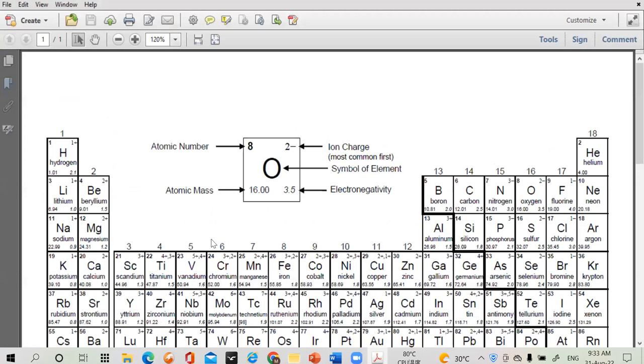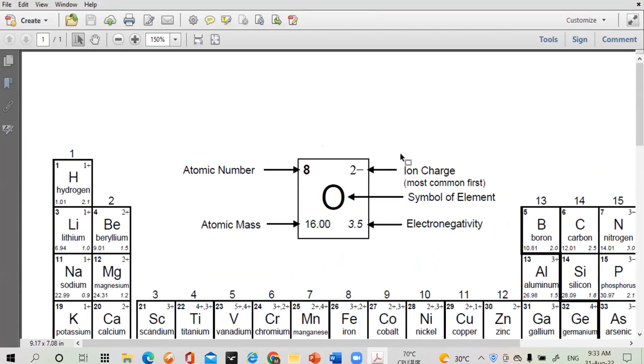As you can see, in every box of every element, the information that you have is atomic number in the upper left, atomic mass in the lower left, and then this other stuff will be valuable later as we get into the other chapters. So just pay attention to atomic number and atomic mass for now.